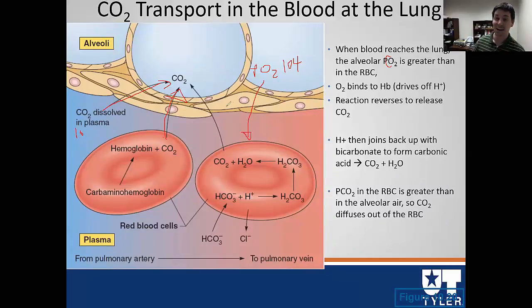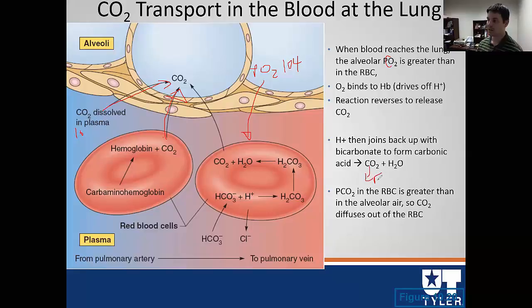It's going to have a higher affinity, as we just talked about, and it's going to bind to those heme groups, which causes the hydrogen ion to be released from the hemoglobin, and then hydrogen is able to, with the help of an enzyme, convert back to the bicarbonate form of carbonic acid, which can then be converted into CO2 and water.